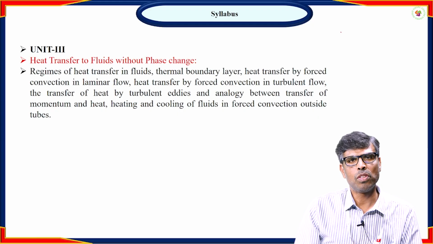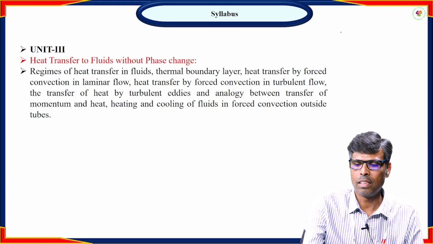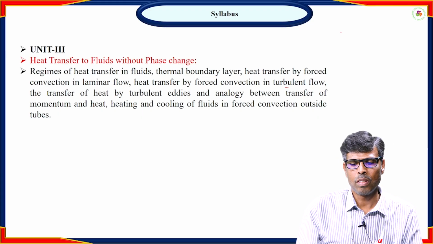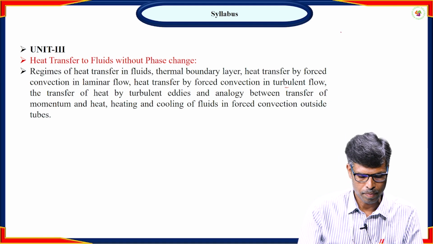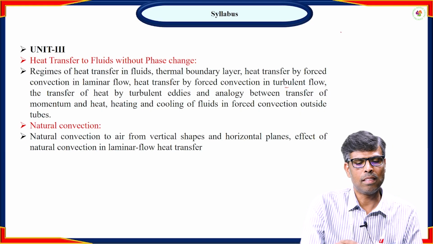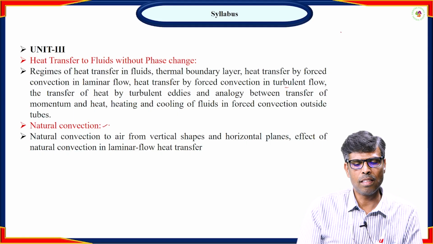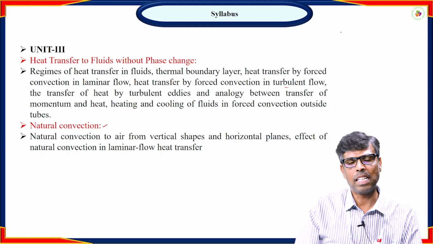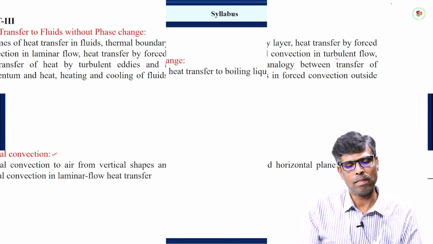In that, forced convection heat transfer in laminar flow and turbulent flow, and analogies between transfer of momentum and heat are discussed. The next part of the third unit discusses natural convection. In this, natural convection heat transfer rate calculation for vertical shapes and horizontal planes.